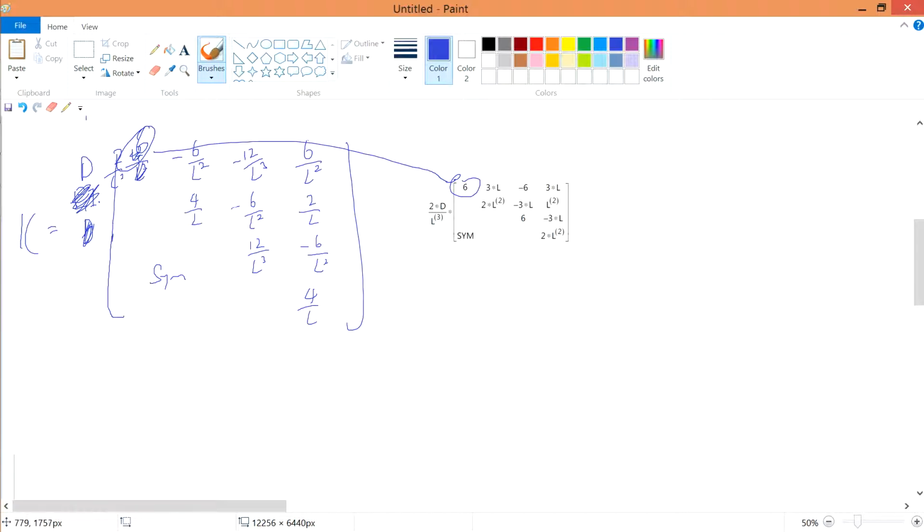And then if you factorize out 2 over L cubed, you will have 3L and things like that. Maybe this is plus, this is minus actually. At least you get to know what is going on. So if you factorize 2 over L cubed, you will have this thing over here. This is plus, this is minus. And I think that's all.